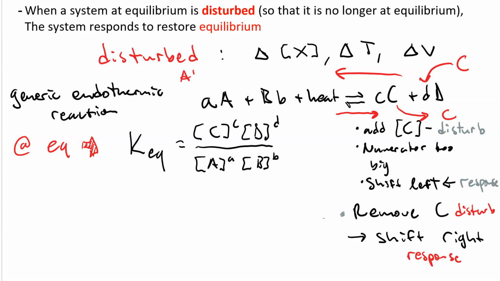We could also add stuff to the reactant side, which would push to the right, or we could remove stuff from the reactant side, which would pull to the left. And since you can consider heat as a reactant, well, what if we raise the temperature?